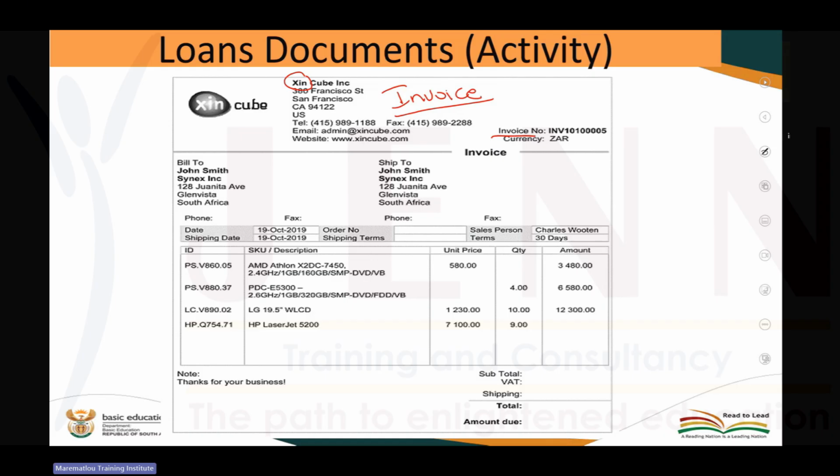What is important about the invoice and the till slips? It will give you the unit price, and things like quantity. How many items have you bought? So the abbreviation will be QTY.